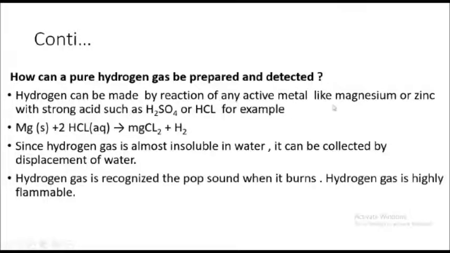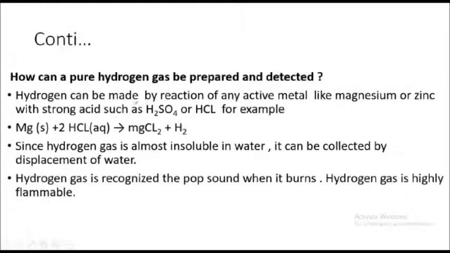Hydrogen can be made by the reaction of active metals like magnesium or zinc with a strong acid. If you have magnesium or zinc and a strong acid, hydrogen will be displaced from the acid, and pure hydrogen will come out of the reaction.